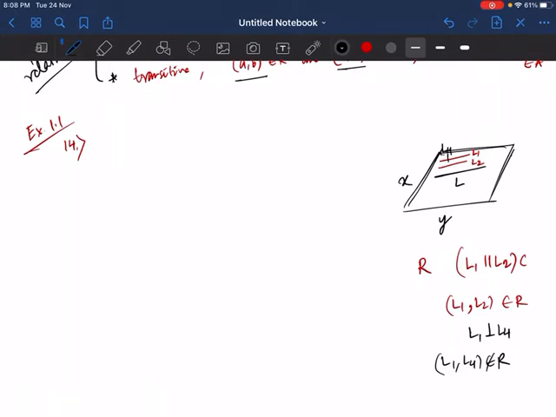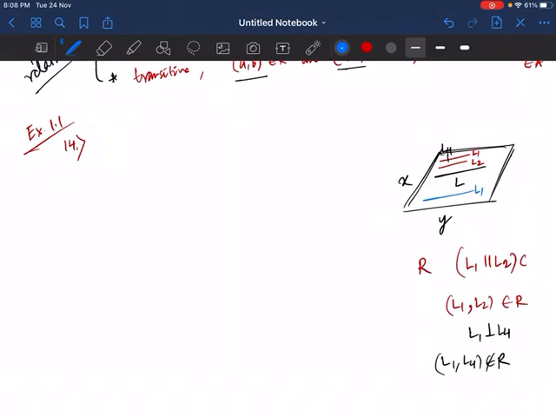For an equivalence relation, there are three things to be proven. The first is that it must be reflexive, then symmetric, then transitive. Reflexive means every element must be related to itself. So if I take a line L1, I can say that every line is parallel to itself.